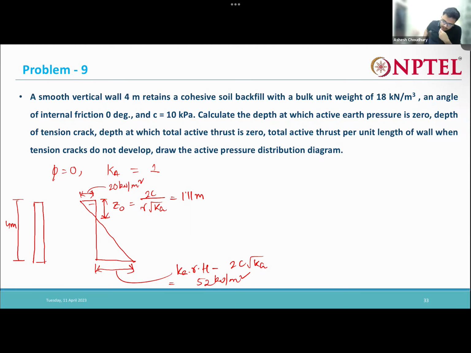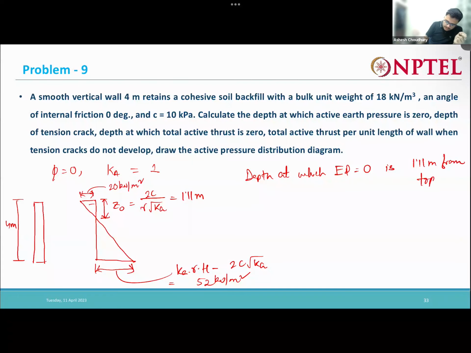Okay. Now, first we need to determine the depth at which my earth pressure is 0. That we already determined: depth at which EP is equal to 0 is 1.11 meter from top.